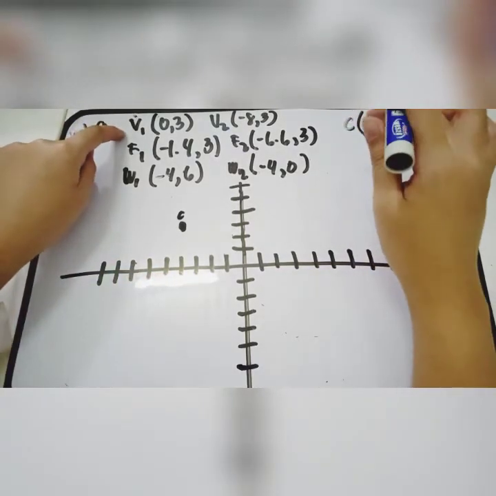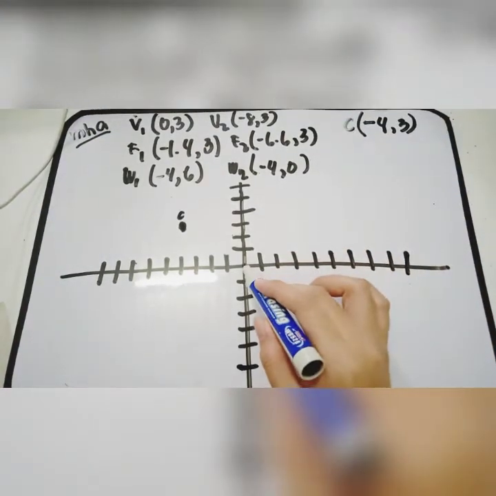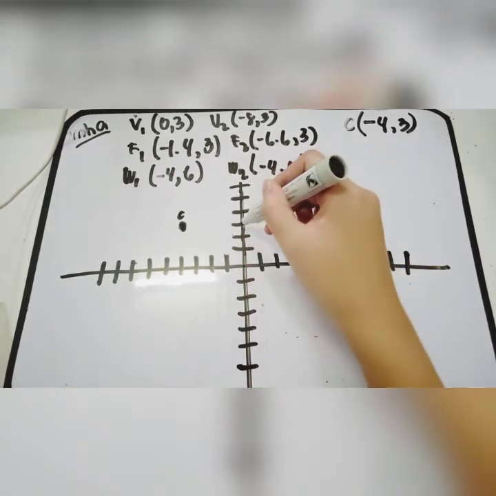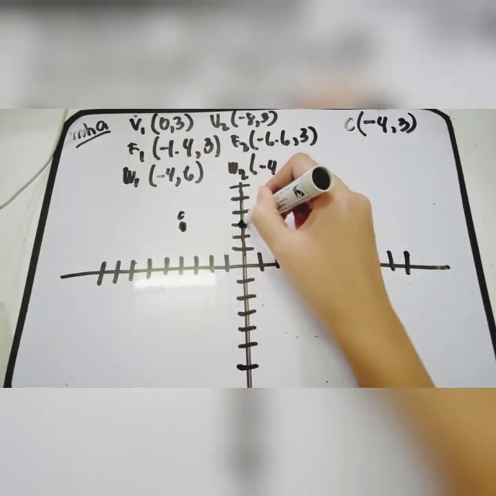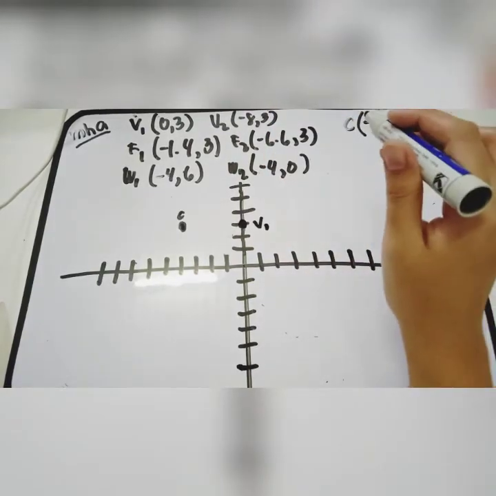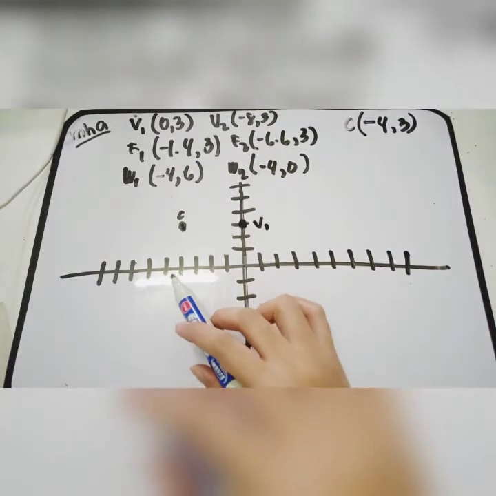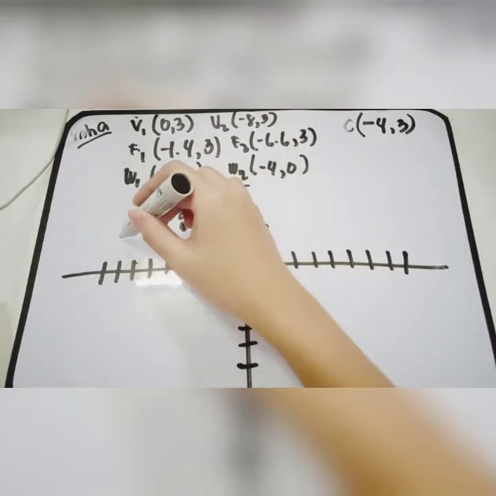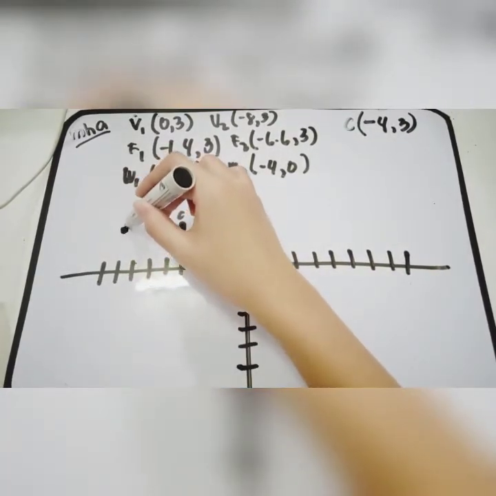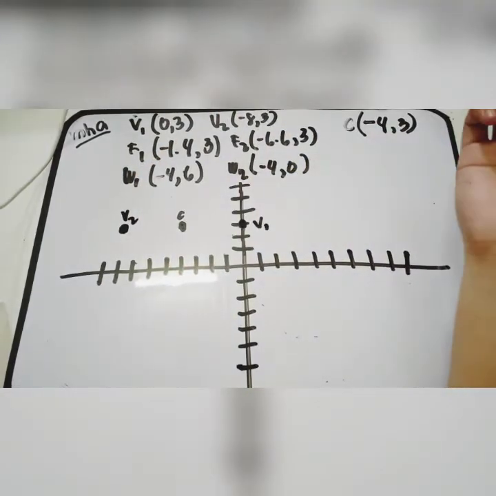So, vertex 1 is 0, 3. So, here is our 0. And then, 3. So, 1, 2, 3. So, it's here. This here is your vertex 1. For vertex 2, it's negative 8, 3. So, negative 8. So, this is 4, 5, 6, 7, 8. And then 3. So, it will be here. So, this is your vertex 2.